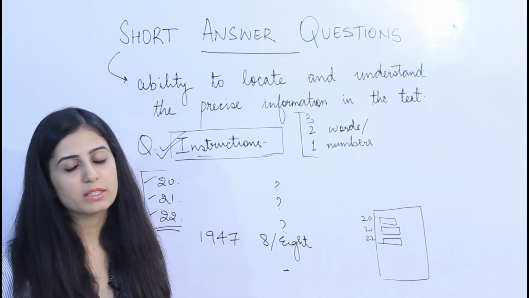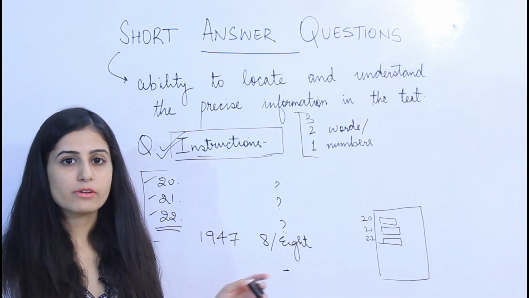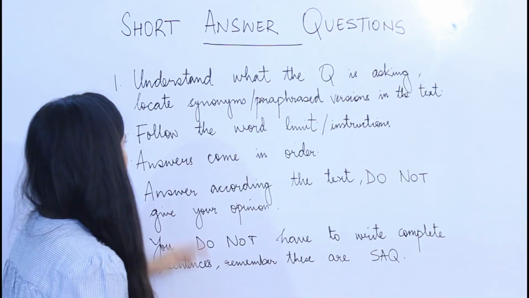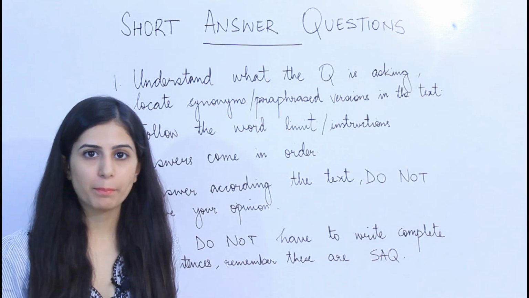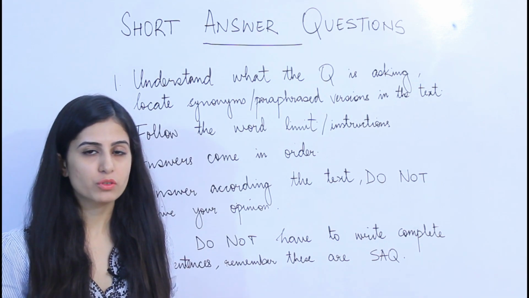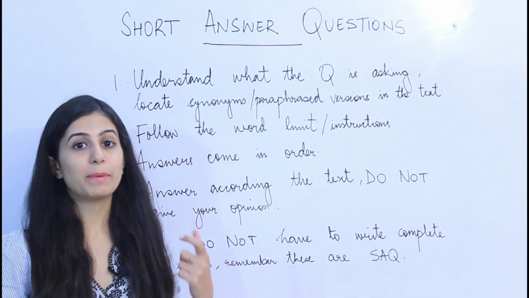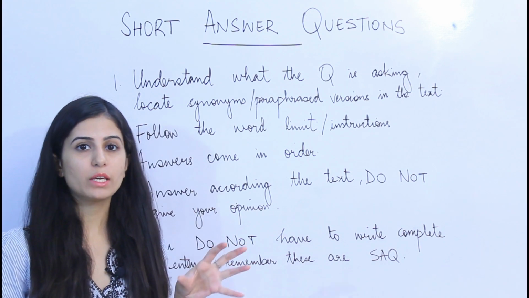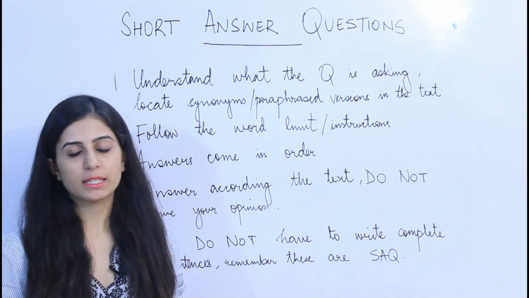Let's move on and understand the strategy or how we should be going about and addressing such questions. First of all, as in any other question, I know it's kind of repetitive by now, but you need to read the question first, underline the keywords, look for the synonyms and paraphrased versions of those keywords in your text. So yes, the first point remains the same.